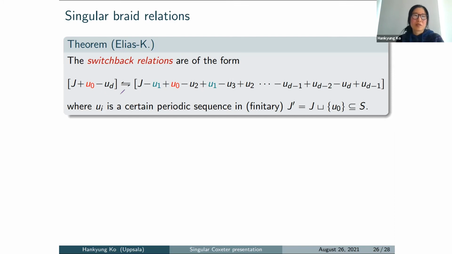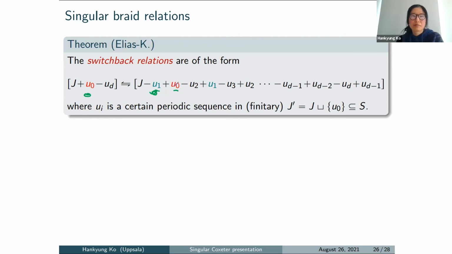They are of this form. On one side, you add something and subtract something, and on the other side, you add this after subtracting something else. And here U1 and U0 need to be different. That's why they are in colors.